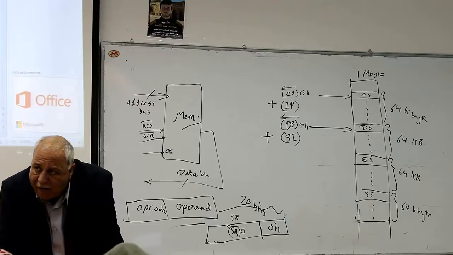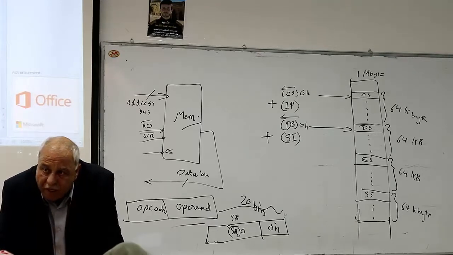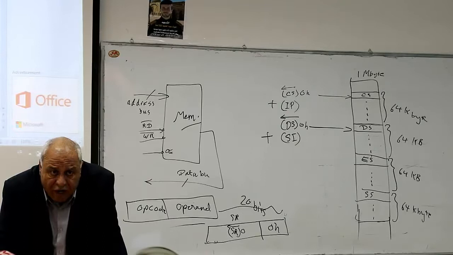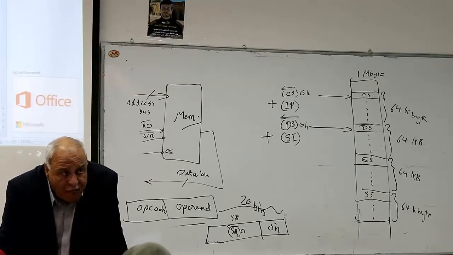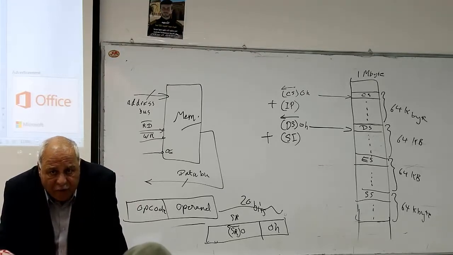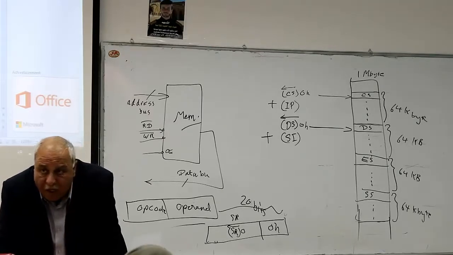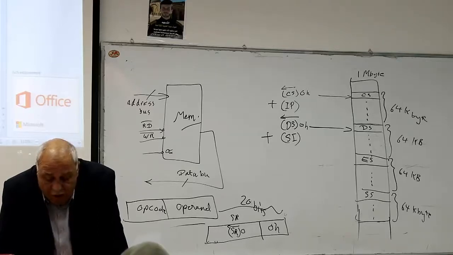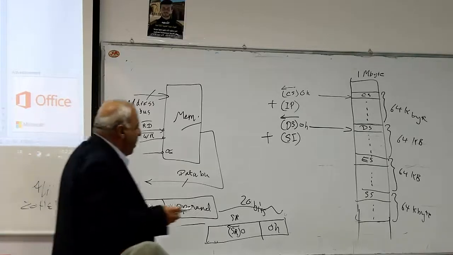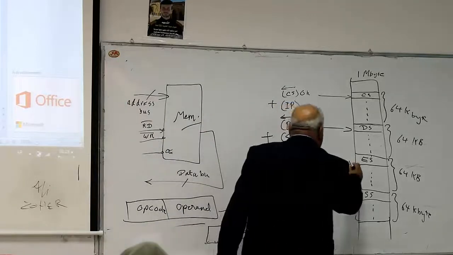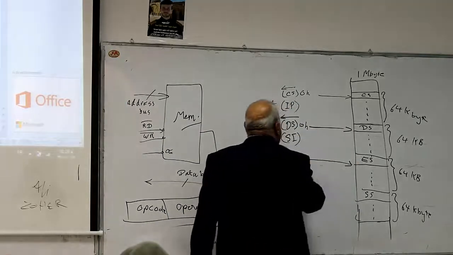If you want any element in the memory in the data segment, you load the value you want into the source index register prior to asking to fetch that data from that place. Then you use the source index register with the data segment to bring that data. Of course, if SI is 0, it points to the beginning.